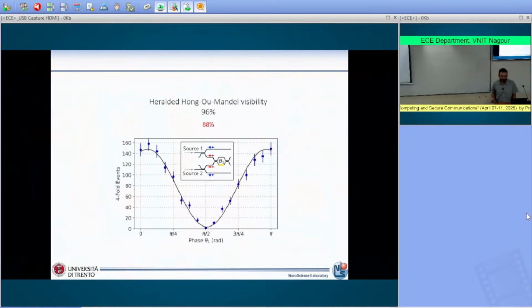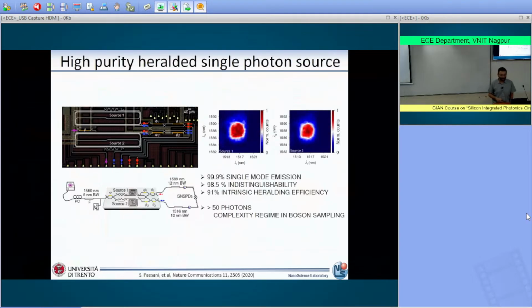Even more, if you do the Hong-Ou-Mandel experiment, which I have already told you about, the dip approaches zero, a real zero, which gives you an indistinguishability of 99.6%. And everything here is done by using two sources that are integrated in the same circuit.